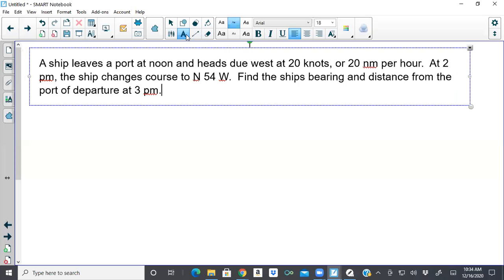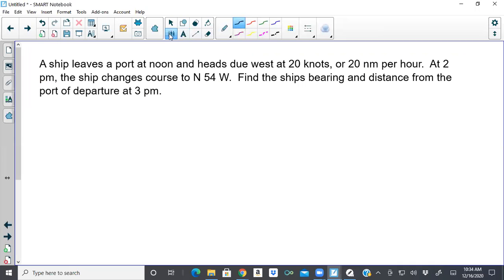And with this question, what the book actually gives you is a picture along with it. But I want to make sure that we understand kind of what's going on. So first thing that it's going to ask us to do is find the ship's bearing. And the second thing it's going to ask us to do is find the ship's distance from the port of departure.